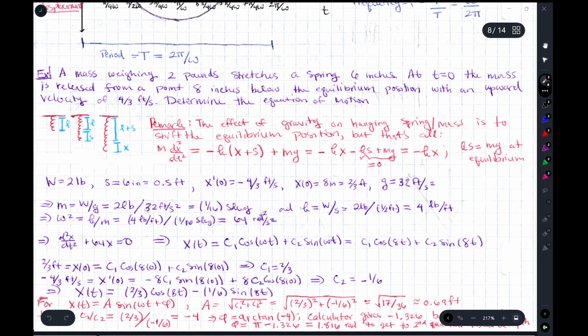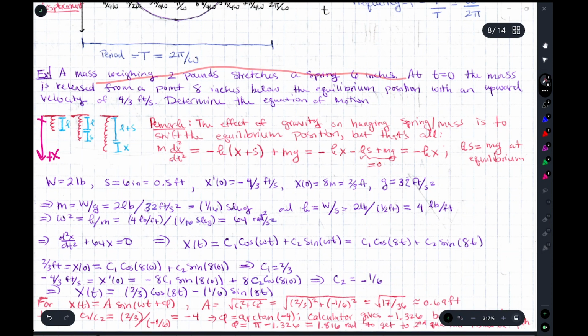Determine the equation of motion. And note that, and this is a rather important point, so please do note it, we're going to consider plus x to be pointing down for our purposes. We're going to consider the positive x to be pointing down.